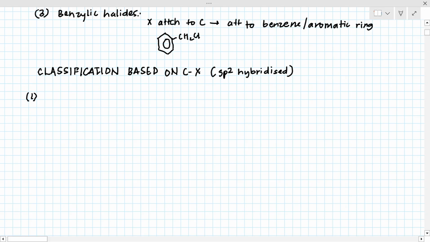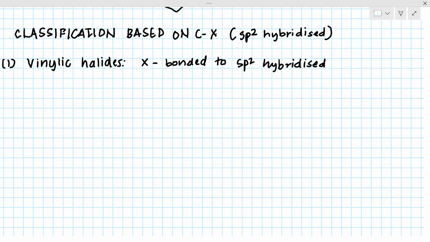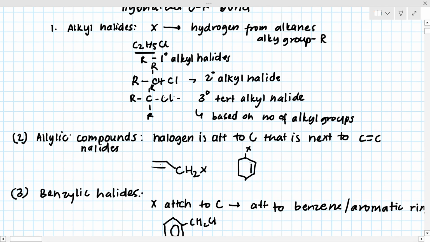First is phenylic halides. In this, the halogen atom is bonded to sp2 hybridized carbon.